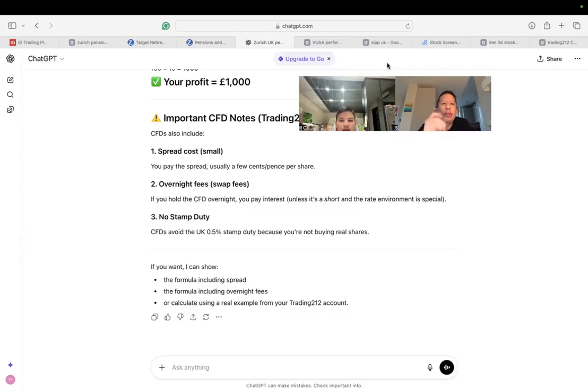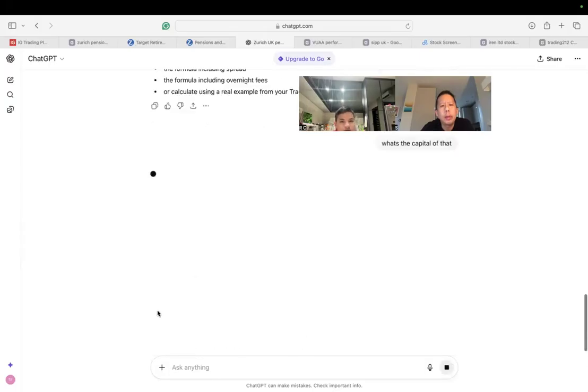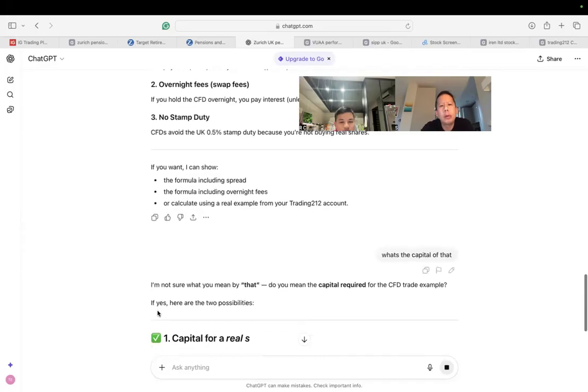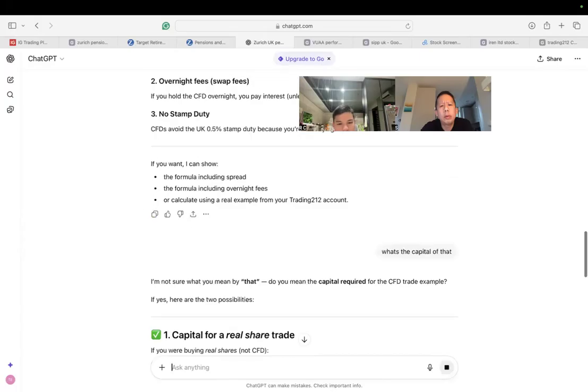That profit there, is that using £100 capital? What's the capital on that, for the profit of £1,000 on that CFD platform?